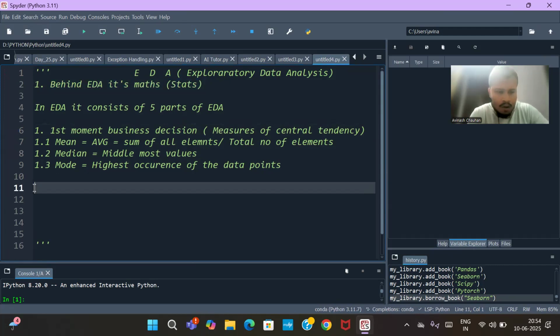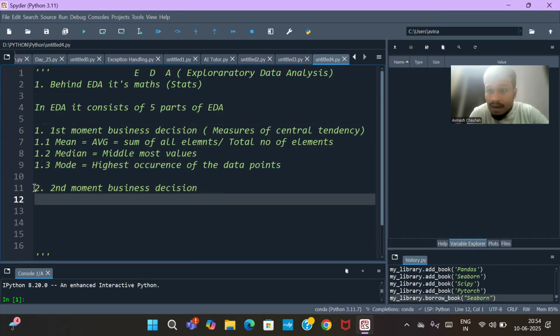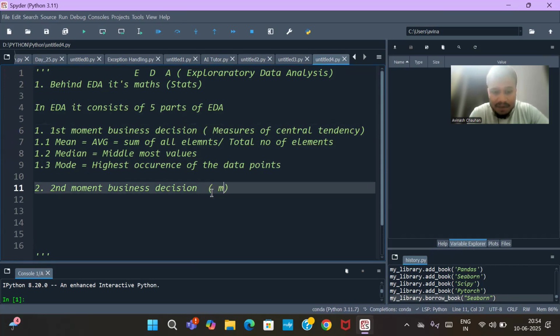Okay. Now, what's the second thing? Second is second moment business decision. Again, in second moment business decision, what comes? It comes measures of dispersion.